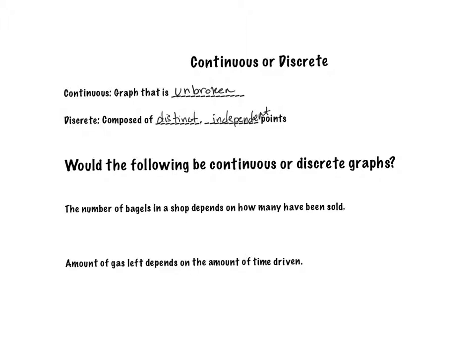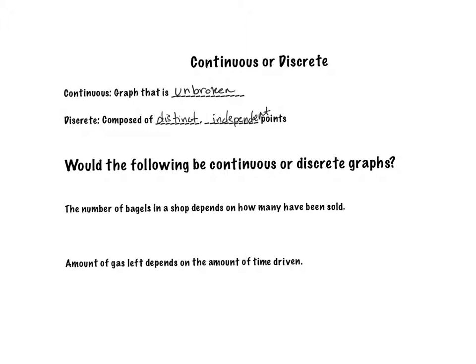So if I'm talking about the number of bagels in a shop depends on how many have sold, I want to think, is that going to be continuous or discrete? Am I going to sell a third of a bagel or half of a bagel or a quarter of a bagel? We might sell half a bagel, so that one's in a gray area.